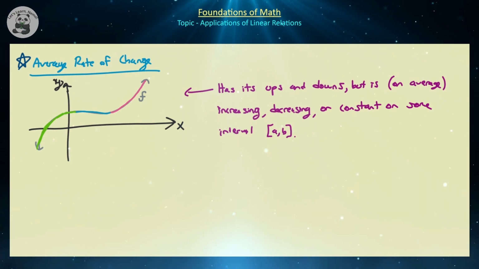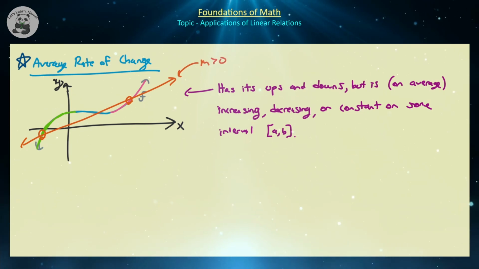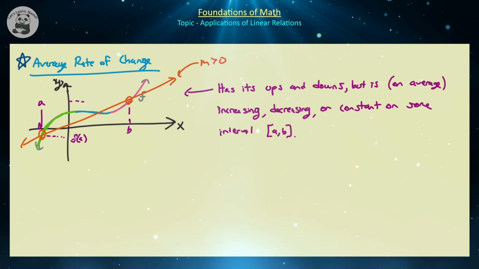So for example, if I were to pick any particular 2 points on here, for example, this point and that point, and I were to connect them with a line, then obviously this line has slope greater than 0. So what have I actually done here? Well, I've chosen an x value a and another x value over here, let's call that b, and of course that's associated to some y value f of a, and that's going to be associated to some y value, say f of b.